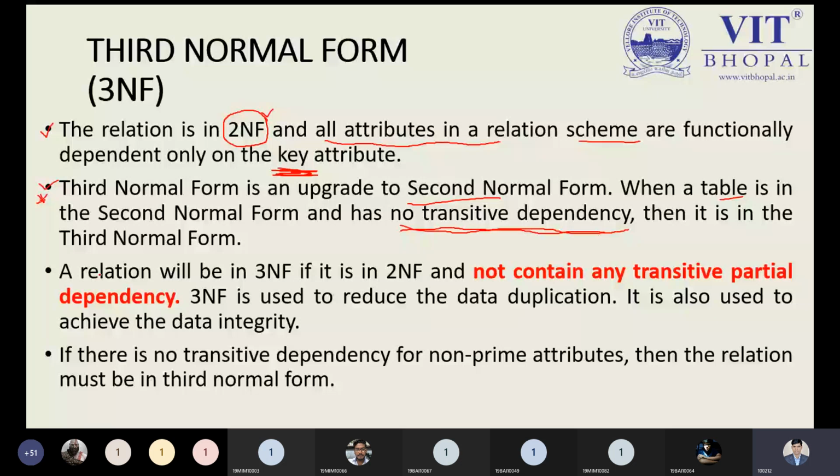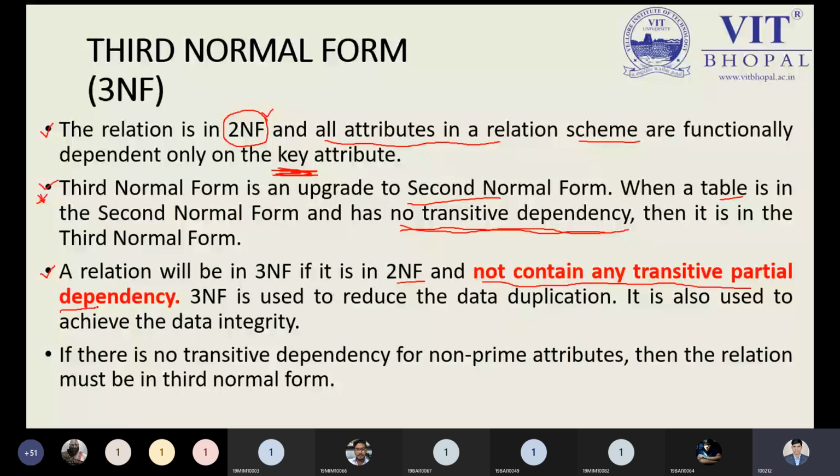Let us discuss more about the terms we have here. A relation or table will be in third normal form if it is in second normal form and does not contain any transitive dependency. It means no dependency in the form of transitive dependency is applicable. Now the question comes to our minds: what is meant by transitive dependency?